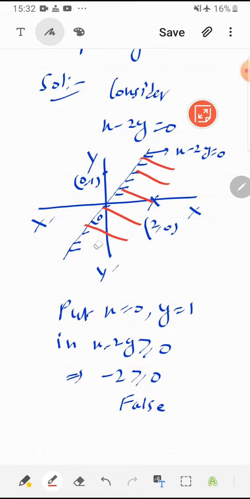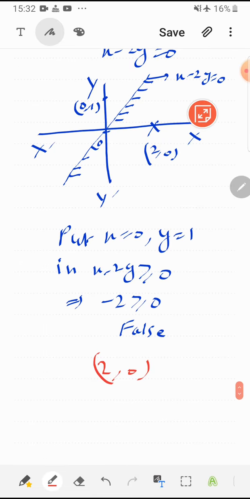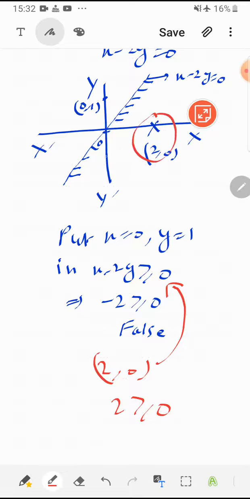Now one point is there: it is possible that a student says, sir, if I put any point from the x-axis like (2, 0), will my answer be the same or different? Obviously it has to be the same because different points will give you the same answer. If I put x is equal to 2 and y is equal to 0 here, it is 2 greater than or equal to 0, which is true, so (2, 0) is lying on this side, so shading is done towards this side.